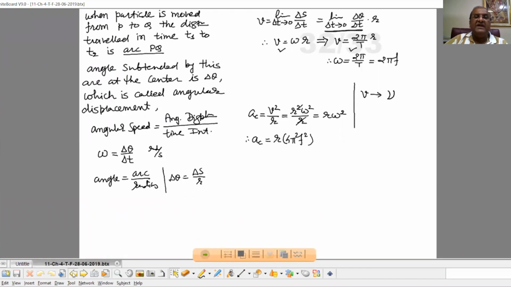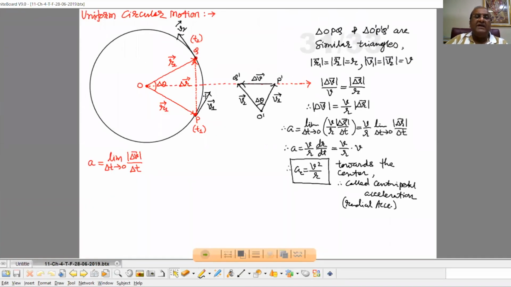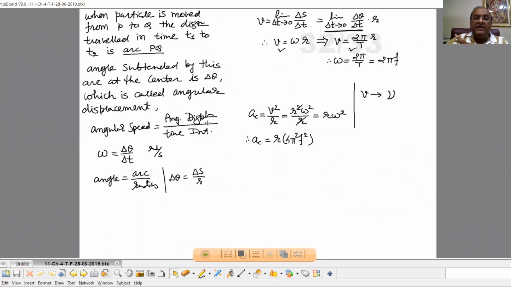So as per that definition, if the particle completes one revolution, then the total angular displacement will be 2 pi radian, and the time taken to complete one revolution is called periodic time, denoted by capital T. So by definition we can write angular displacement 2 pi radian upon time t.